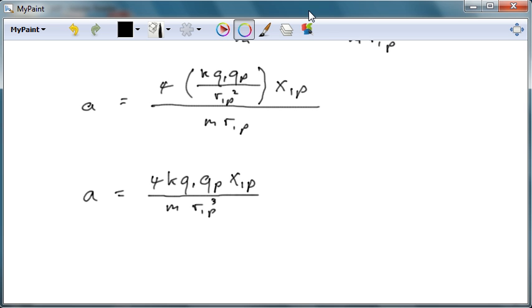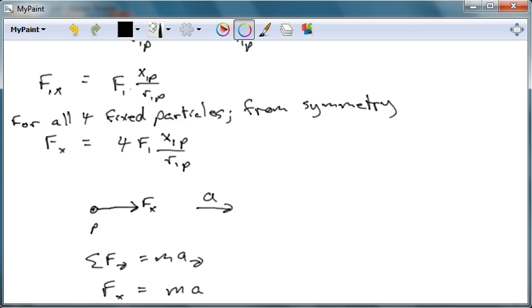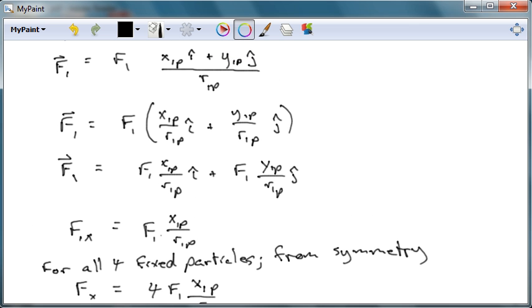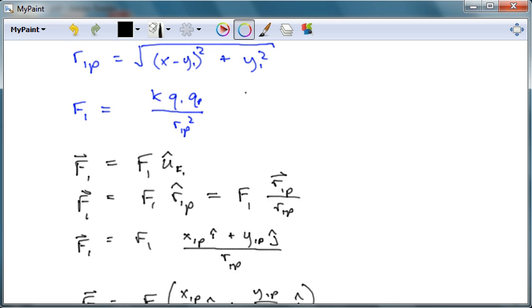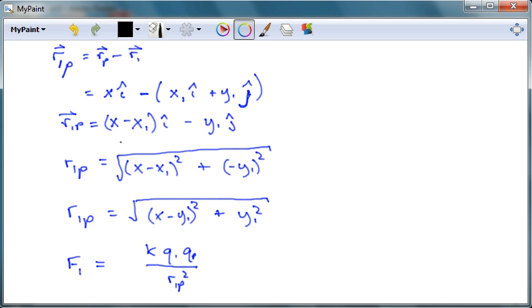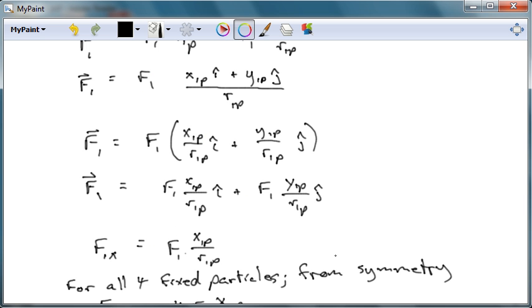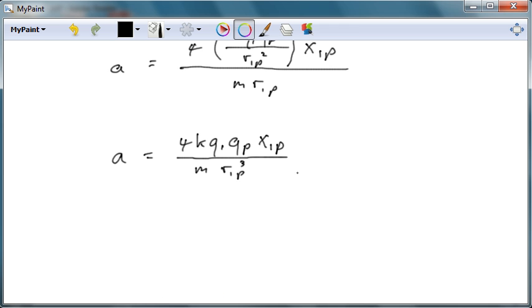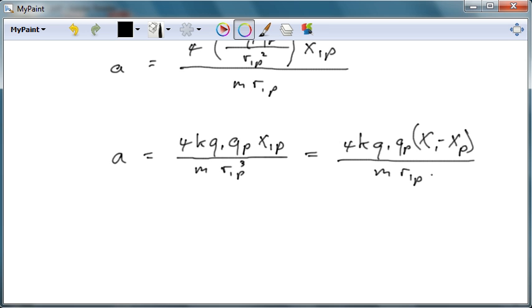And then x1p, this is just x minus x1 from up above. So let's do that substitution. I could have done the two substitutions at once, but I didn't. a is equal to 4 k q1 qp times x1 minus xp, and then m r1p cubed.